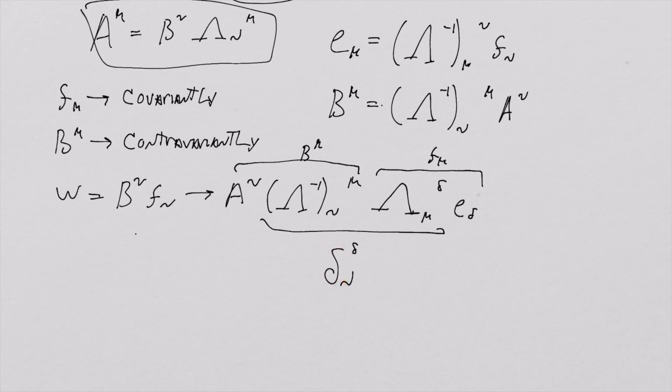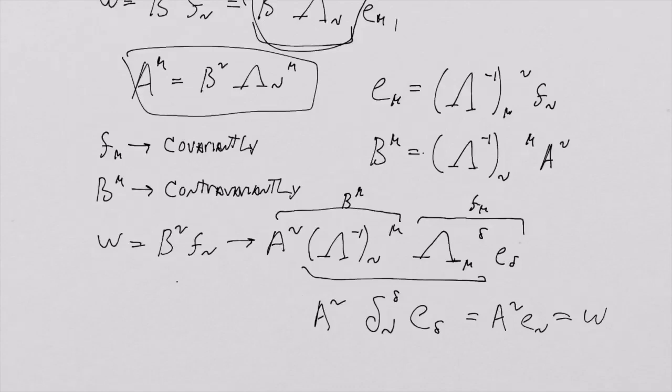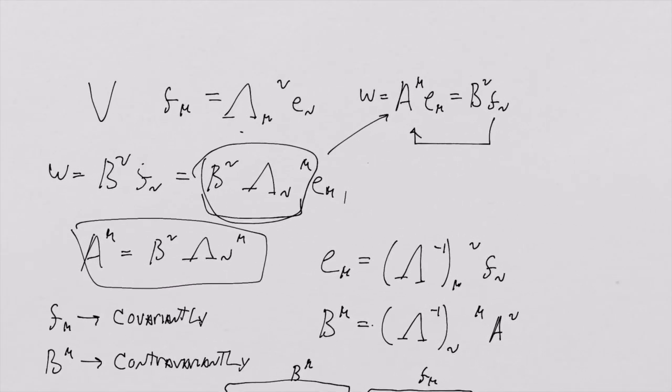But I think we can all see the difference. And then this will be E delta A nu, which basically ends up being A nu E nu. And of course that equals W. That's how W is defined back from the very beginning, way back here.